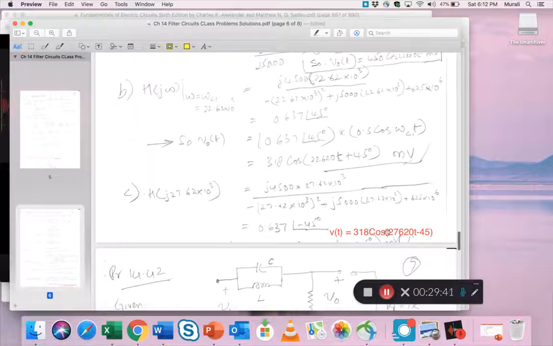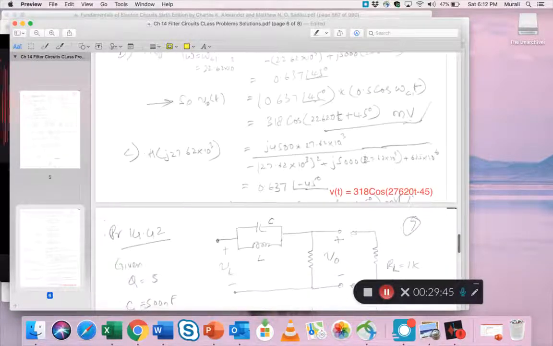Part of it was gone, so I rewrote it, but you can see the correct way of writing the expression for the output. The magnitude and the phase angle change, but the frequency for which you are assessing the output stays the same. That's the input frequency, that comes out as the output frequency.